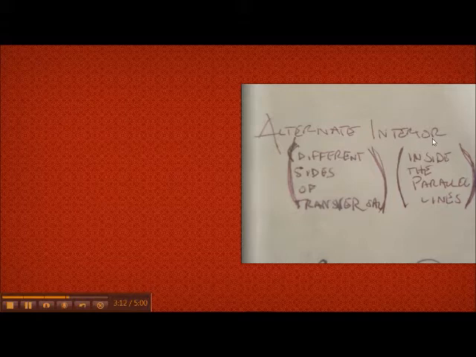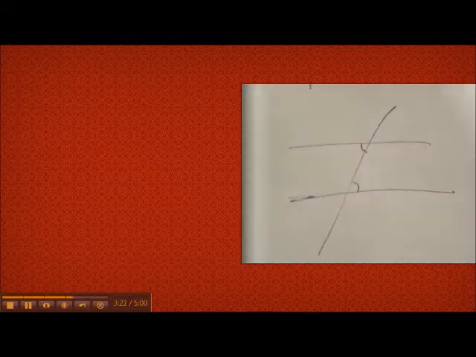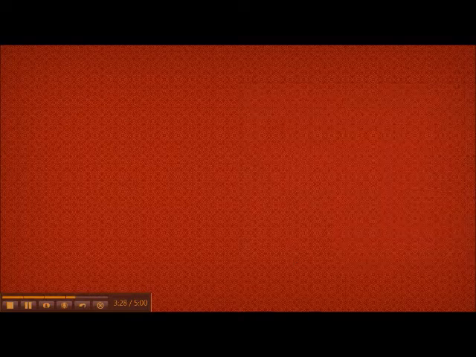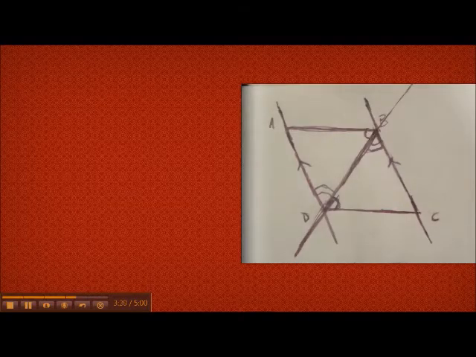Now alternate interior angles, if you haven't learned it yet, are just on different sides of the transversal line, but they're both inside the parallel lines. And we can see it in a different way. Sometimes it's written sideways, and our picture is turned a little bit. So turn back. Notice these are both inside the parallel lines, but on opposite sides of the transversal.